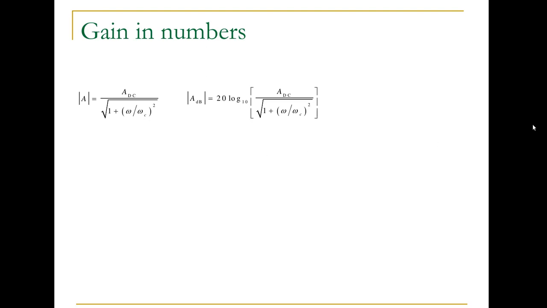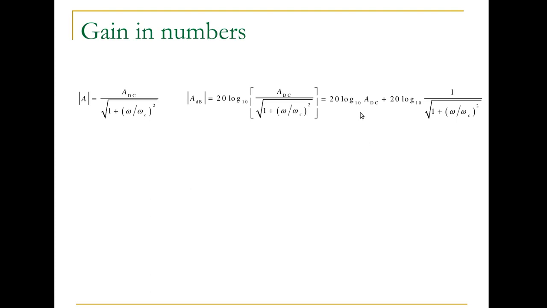And the reason for that is electrical power can be written in terms of voltage squared. And so it's common to talk about voltage gain as 20 log base 10 of the ratio, output to input. That's really only valid in the case that the output and the input have the same resistance, but nevertheless it's often used. So we'll have 20 log 10 of the gain. And that's the gain in decibels.